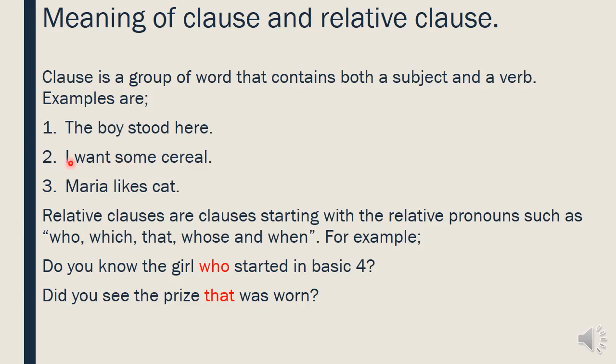So what do you do? You want. Want is an action. I want some cereal. Maria likes cats. The action here now is what? Likes. And who are we talking about? Maria. Remember, the subject in the sentence is that person or that thing we are talking about in that sentence.